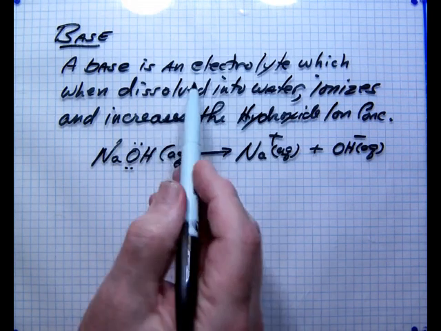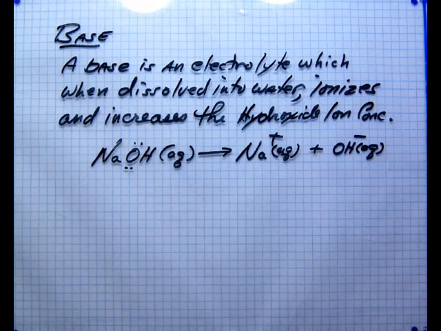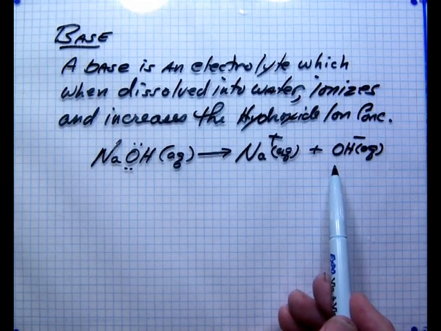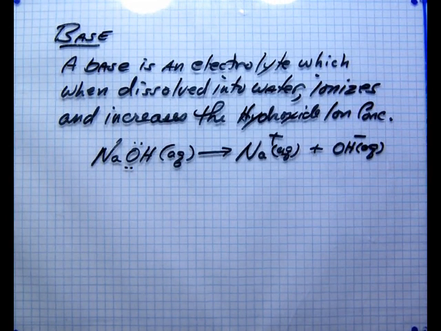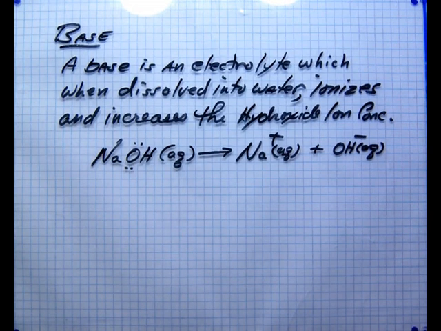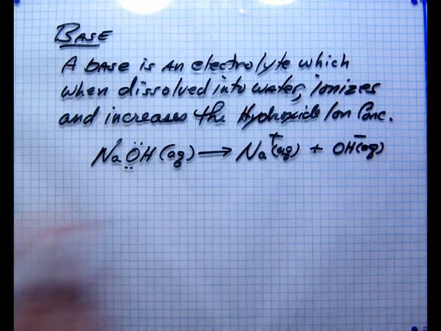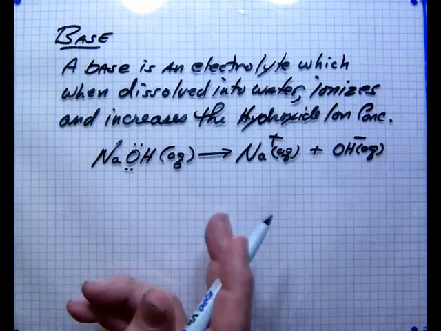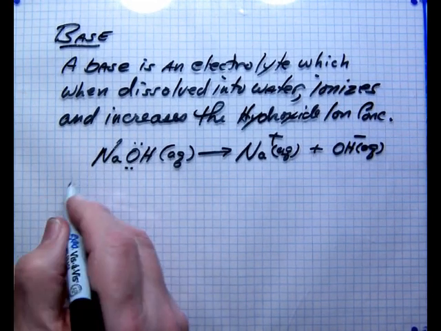So hence the electrolyte issue comes into the definition. But nevertheless, the ionization of sodium hydroxide increases the hydroxide concentration in this process of ionization. Now this symbology describes the behavior of a base in terms of the Arrhenius theory.